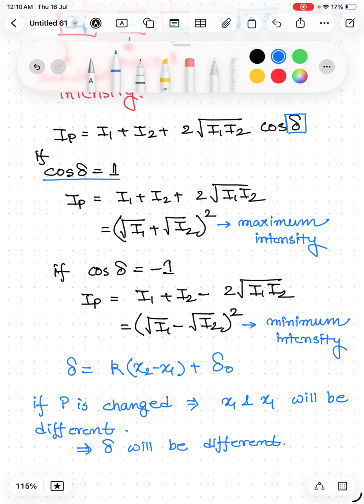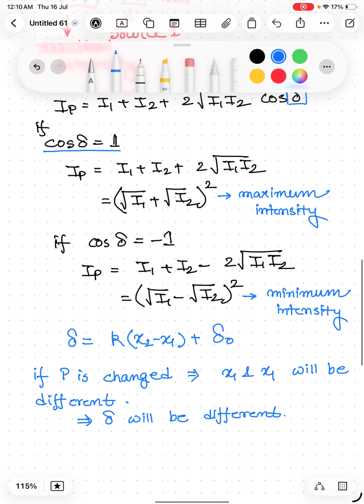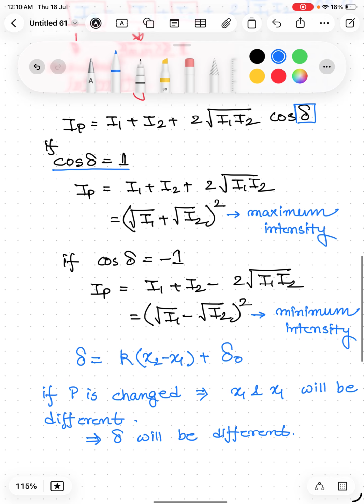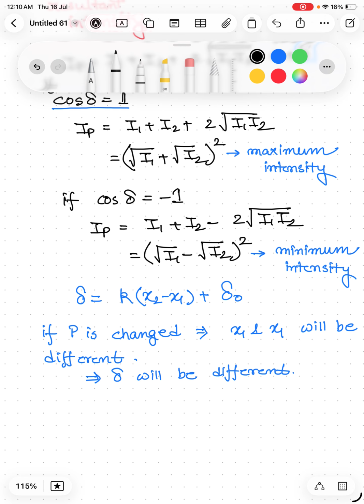Cos delta equals 1 is called constructive interference. This superposition principle is called interference.